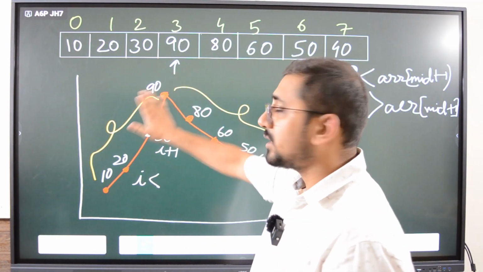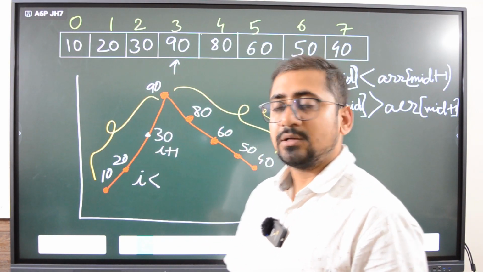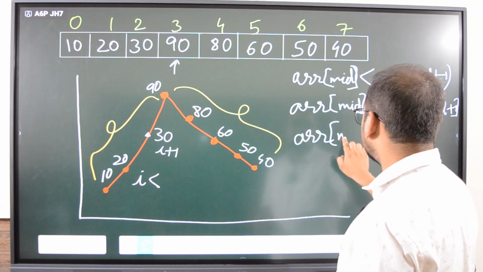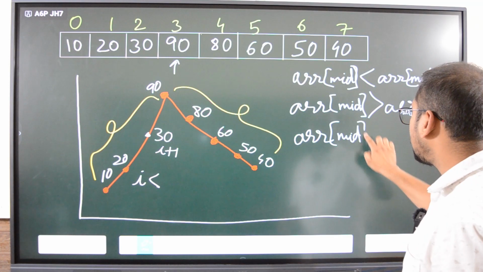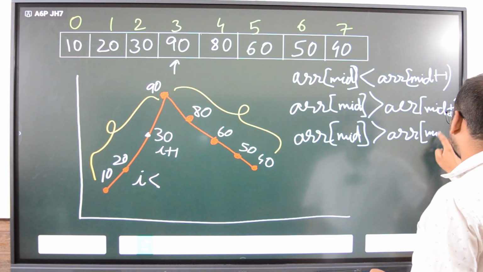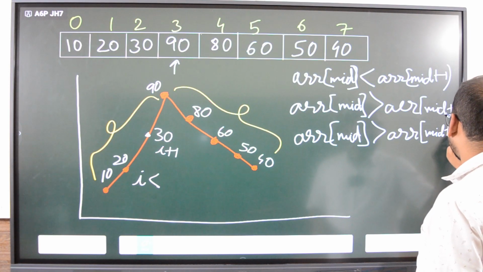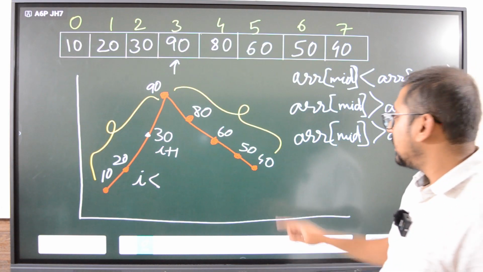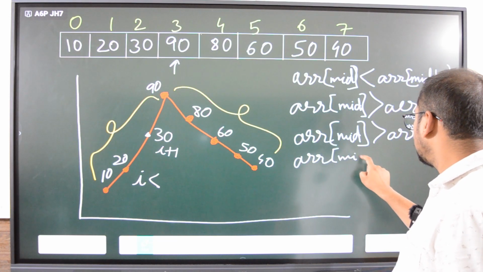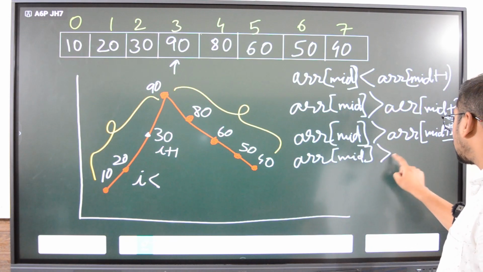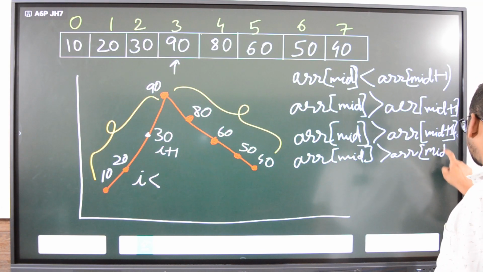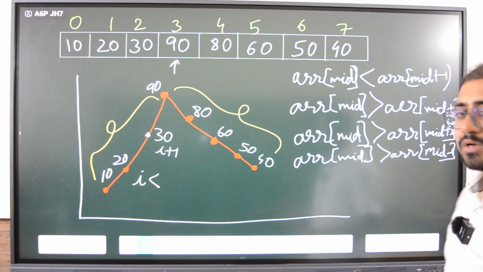When mid actually comes here at the value 90, then if it is true, ARR of mid is greater than ARR of mid plus 1, as well as ARR of mid is also greater than ARR of mid minus 1, right?